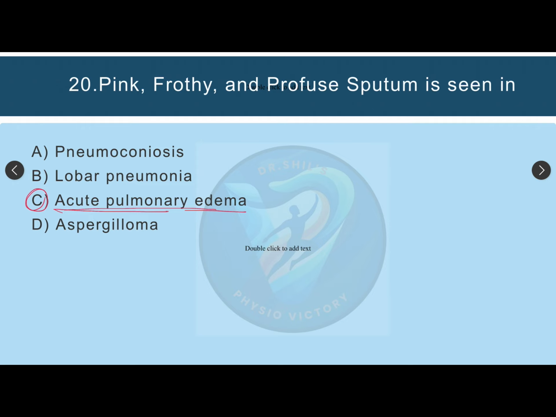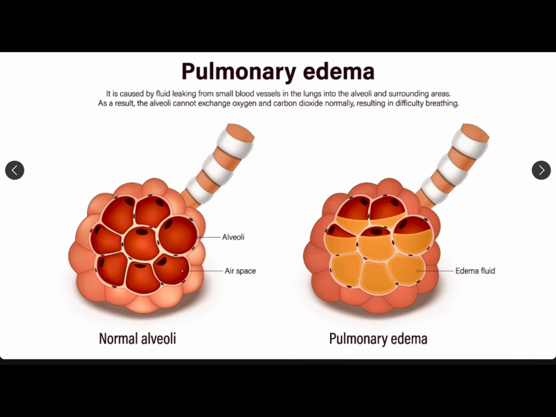Pulmonary edema causes fluid leakage into the alveoli mixed with air. So this is the condition of pulmonary edema. This is edematous fluid.